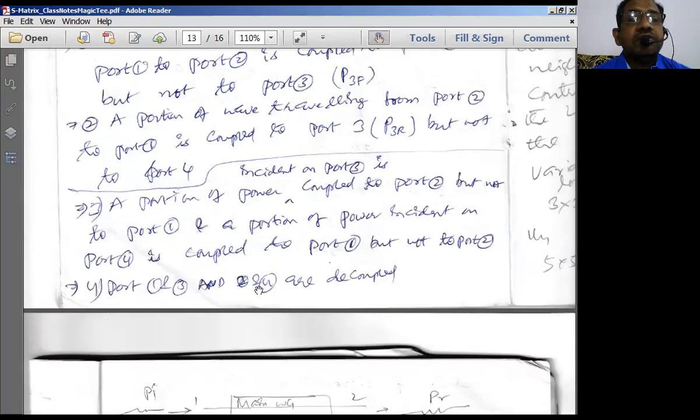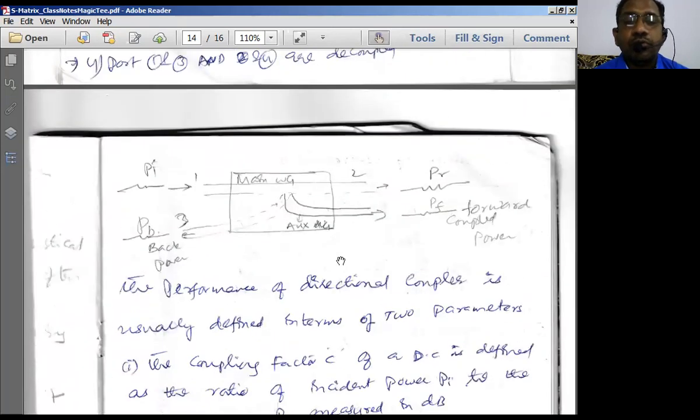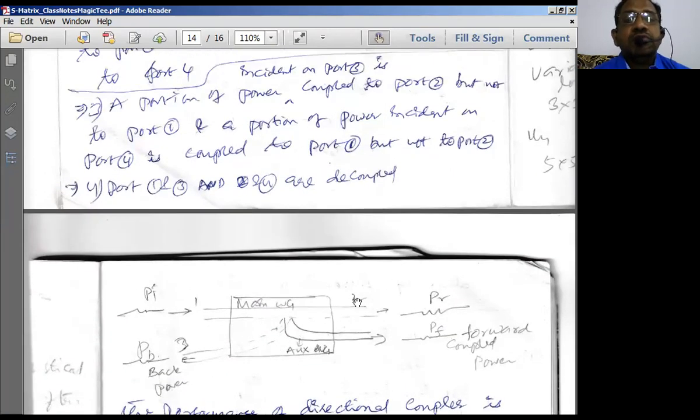Another property of this is that a portion of the wave traveling from port 2 to port 1 is coupled to port 3 but not to port 4. If you use port 2 as the input port, the signal coming to the input port is coupled to port 1, and some portion will be coupled to port 3 but not to port 4. This is another property which we can observe.